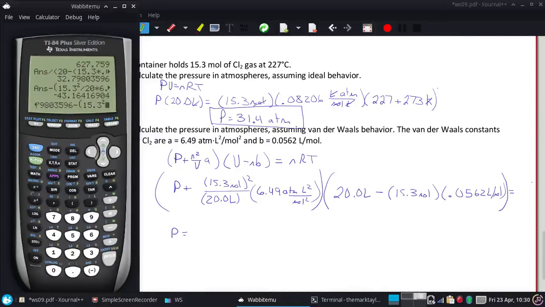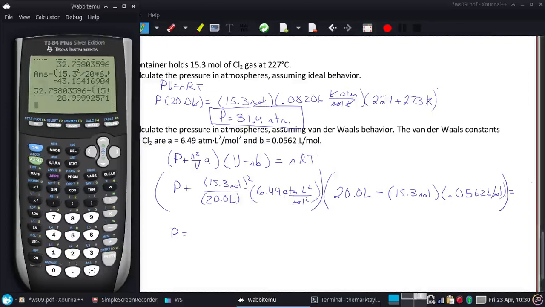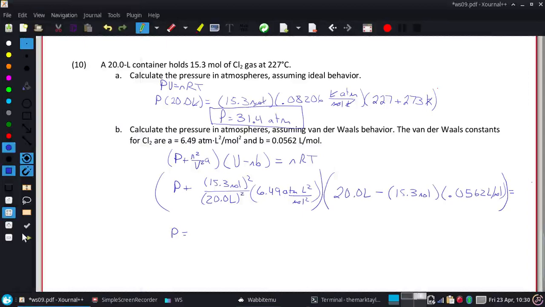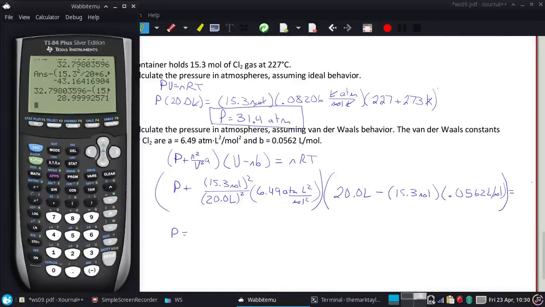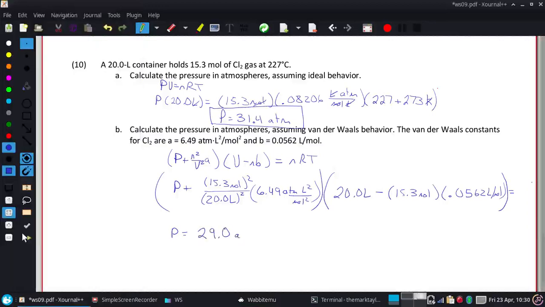This volume should be squared as well, divided by 20 squared times 6.49. That's better. So I should have had a squared here and a squared there. And my new pressure is 28.999, so 29.0 atmospheres.